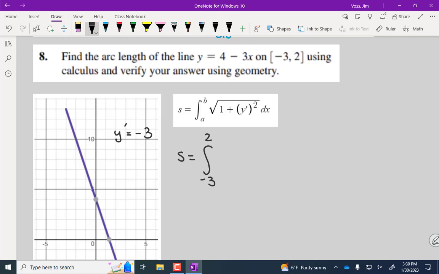Square root of 1 plus derivative squared, which is 9. So that's what we have. Square root of 10 is a constant. It comes to the front. So we have that. And what is the integral of dx?